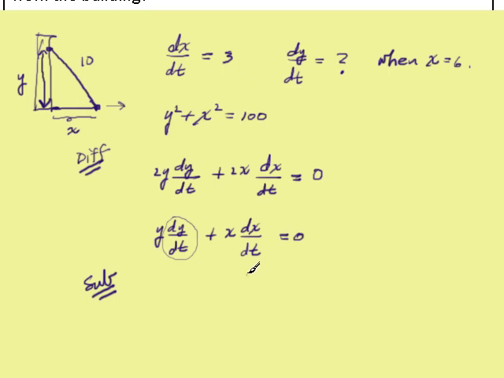So we're going to put 3 over here, and we're going to put 6 over here. We're just missing this y, but when x is 6, we can figure out what y is using Pythagorean theorem again. So let's do that over here.